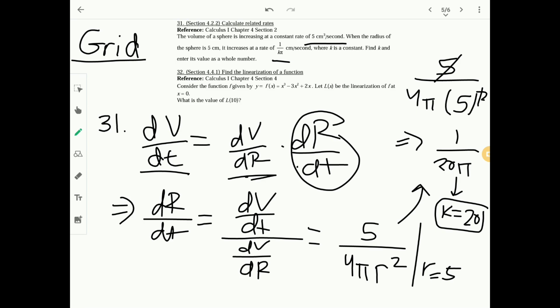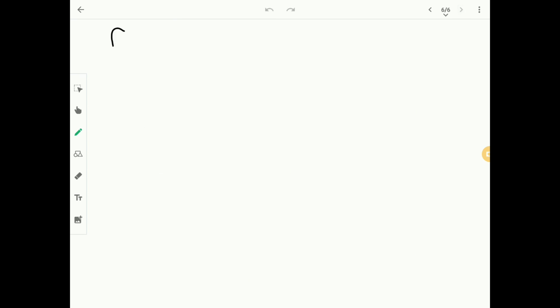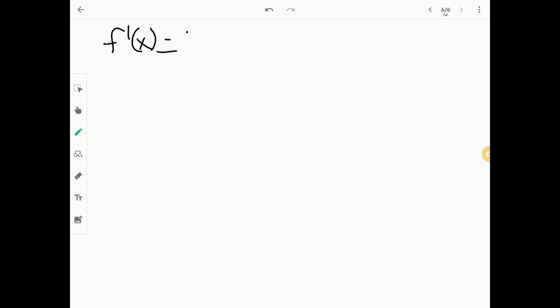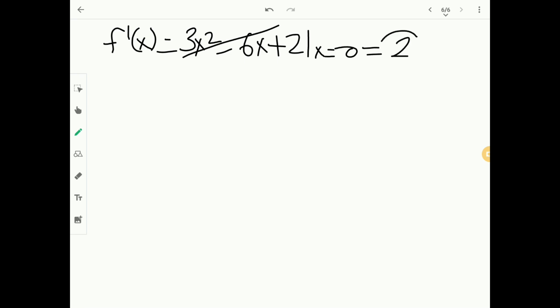Okay. Let's check f prime of x. You immediately find the derivative. It's 3x squared minus 6x plus 2. And this is at x equals 0, so this is all gone. It's 2.